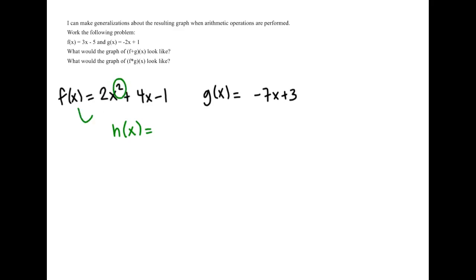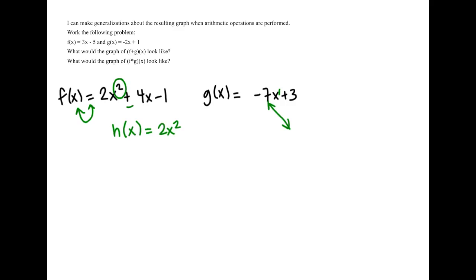So I know that this is a quadratic function and that this is a linear function. I know that because the exponent here is 1, which makes it a line, and the highest exponent here is a 2, which makes it quadratic. Now when I combine like terms, I have 2x squared, and no x squared over here, so I just have 2x squared.